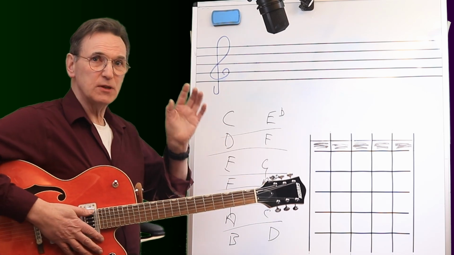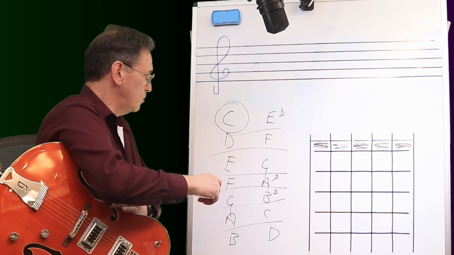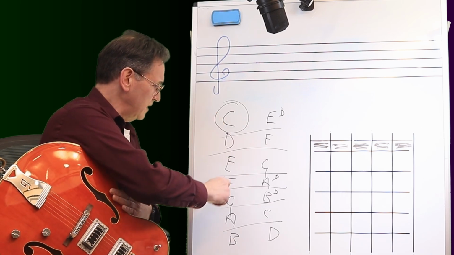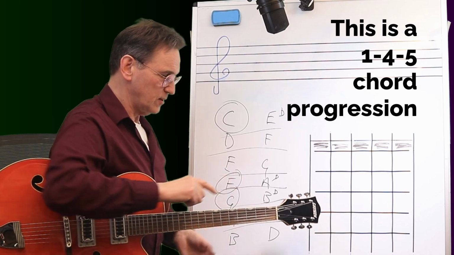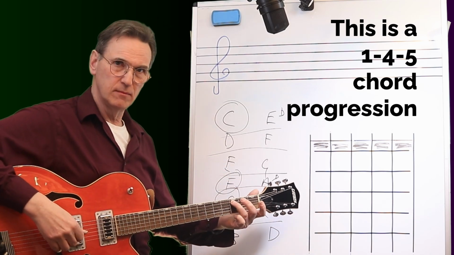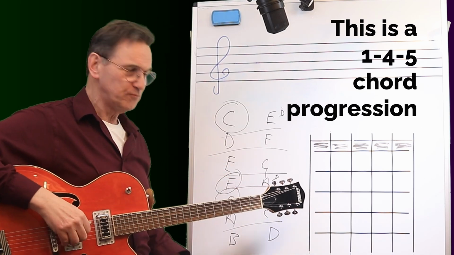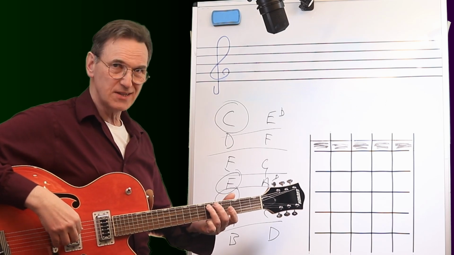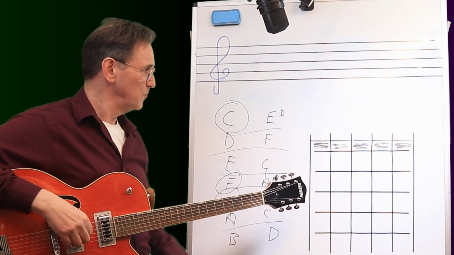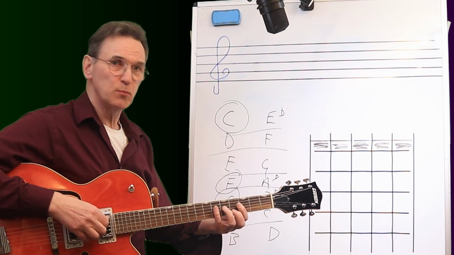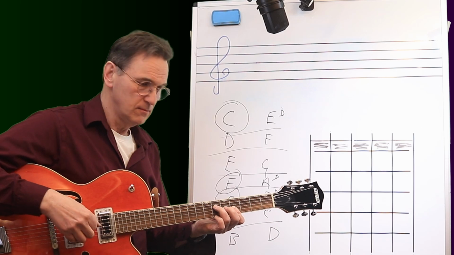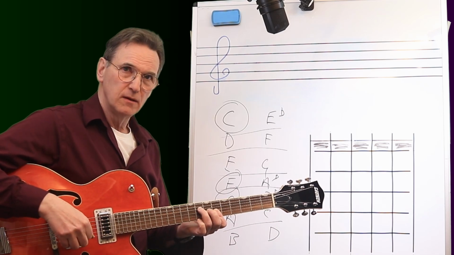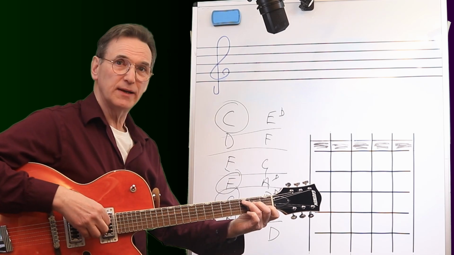Let's take a simple example, the chord progression of C, F and G, right? Now we're talking about changing key from this key to this key, which is E flat. So in this case, when we're playing a 1, 4, 5, we can play that, which are the same chord shapes that you're playing down here.